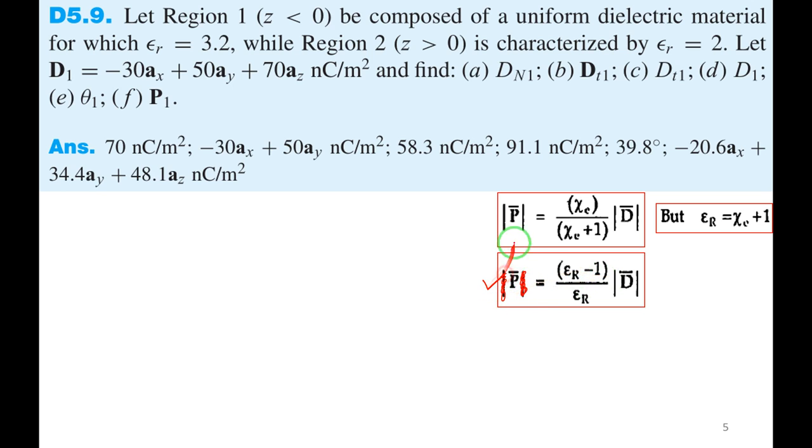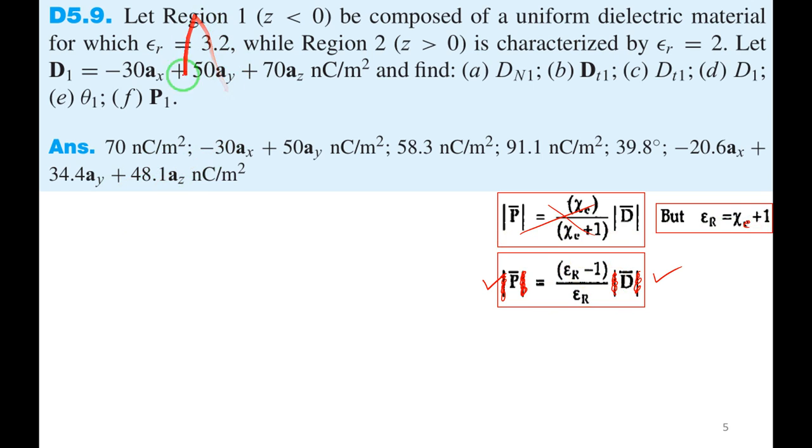P vector is equal to epsilon r minus 1 divided by epsilon r into D vector. Please remember this relation; it will be helpful to calculate the polarization. And epsilon r equals chi e plus 1. Just remember this equation; this is sufficient.